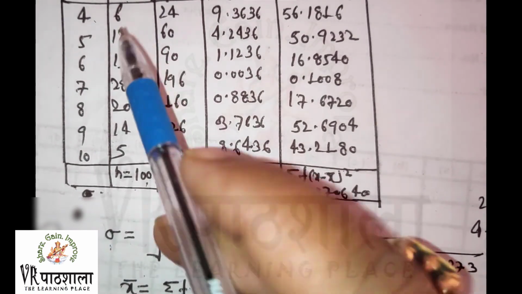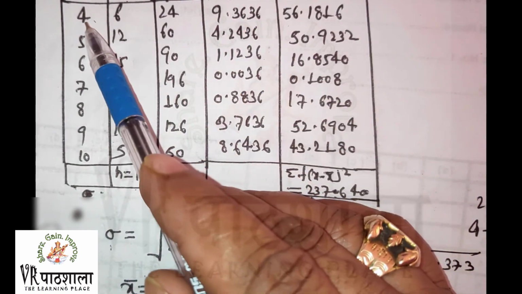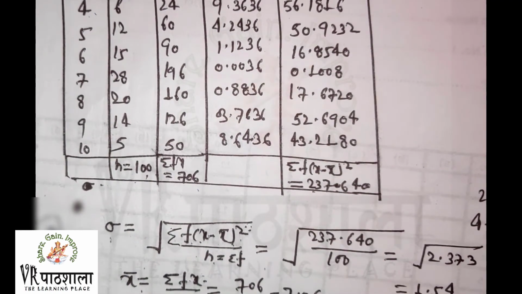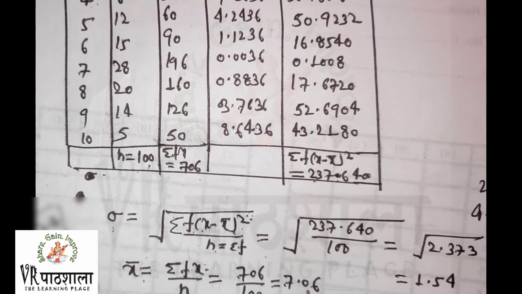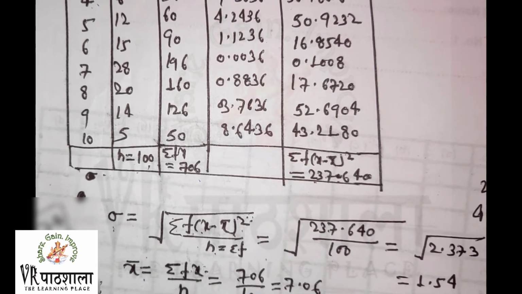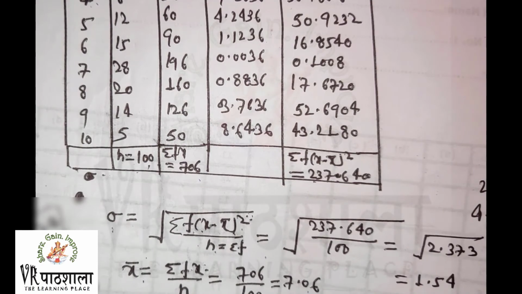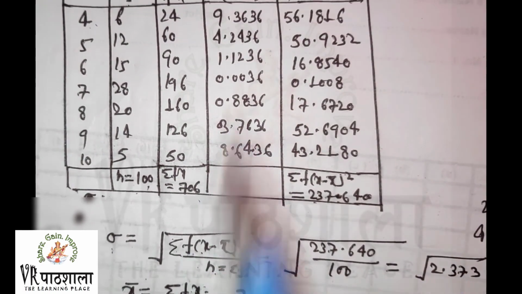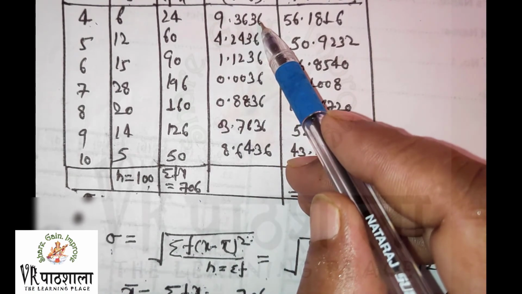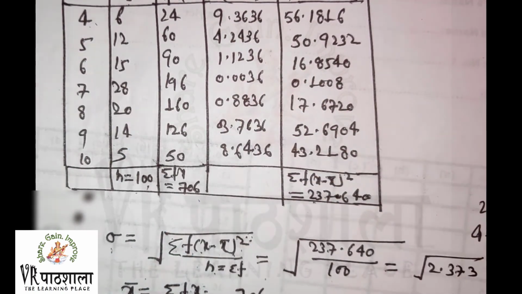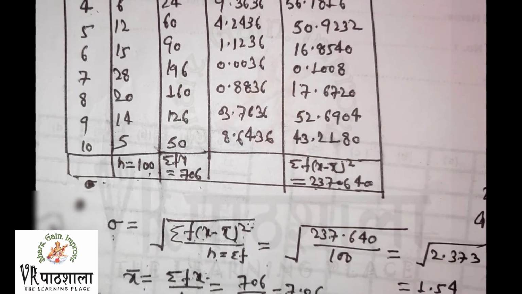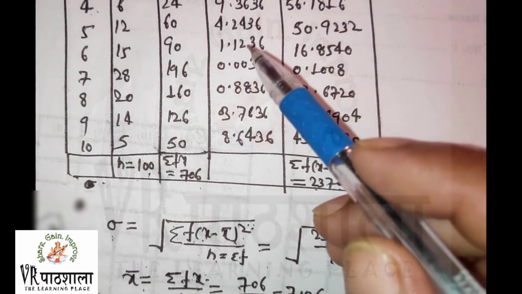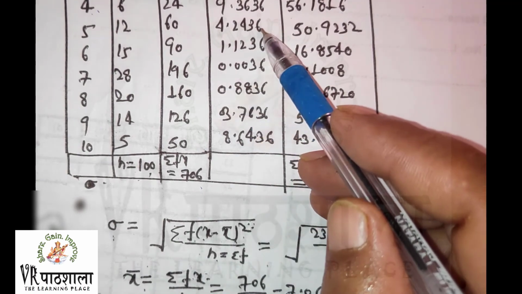So 4 minus 7.06 is minus 3.06, and the square of 3.06 is 9.3636. Similarly 5 minus 7.06, that is minus 2.06, and the square of 2.06 is 4.2436.